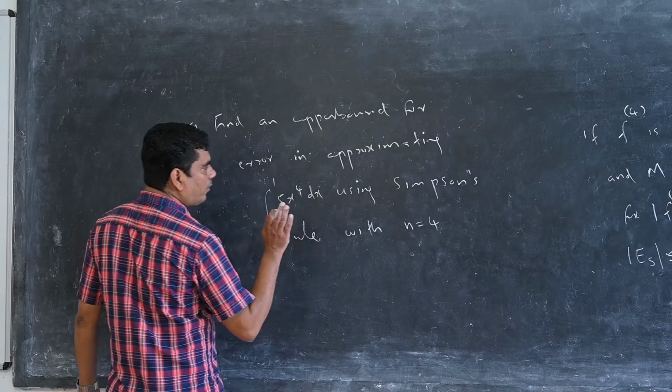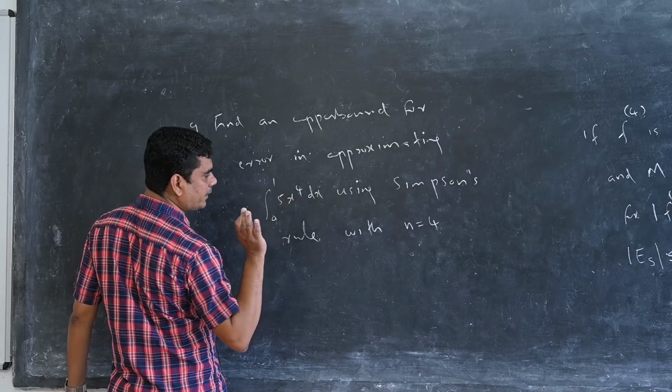So we have to find an upper bound for the magnitude of error in Simpson's rule.